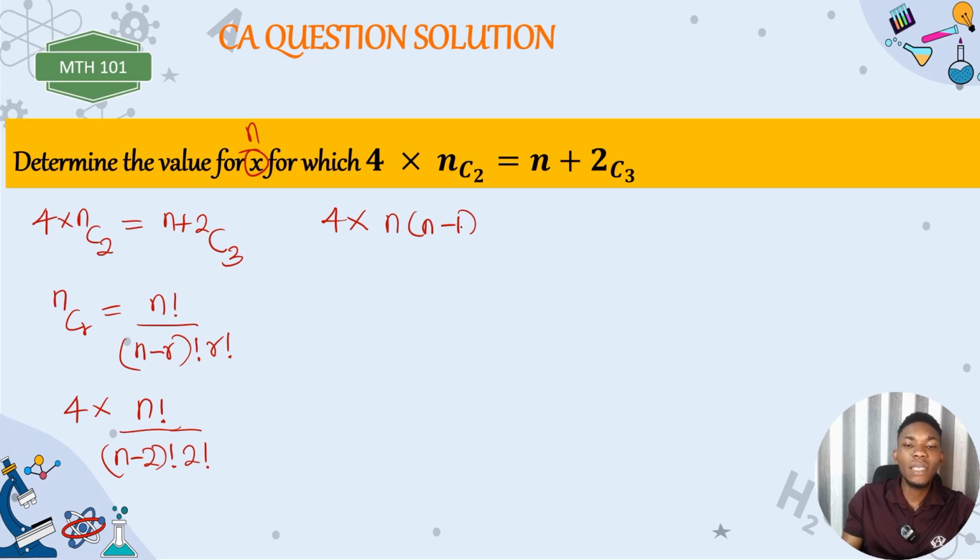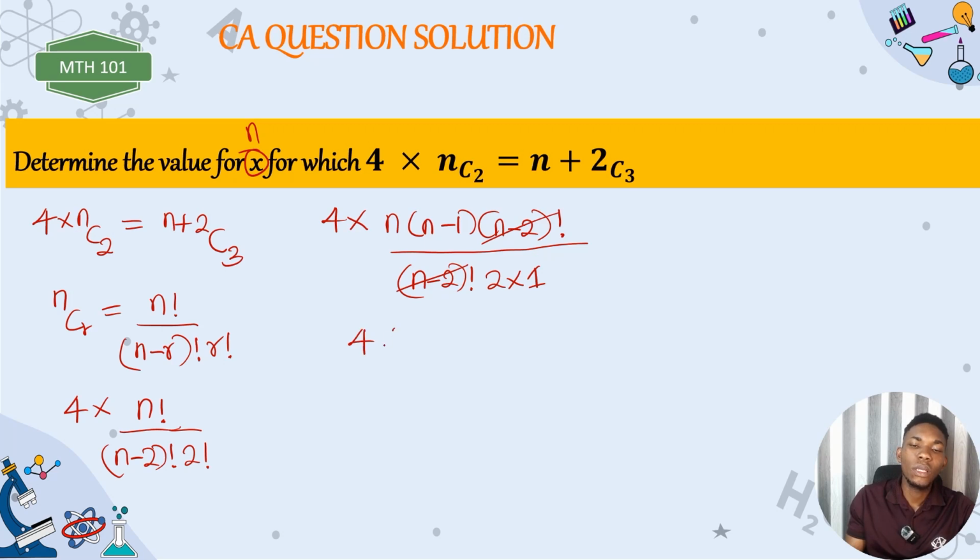If you subtract 1 from this n minus 1, it's going to give us n minus 2 factorial divided by n minus 2 factorial, then 2 factorial. 2 factorial is the same as 2 times 1. This n minus 2 factorial can cancel n minus 2 factorial. So what do you think we have?